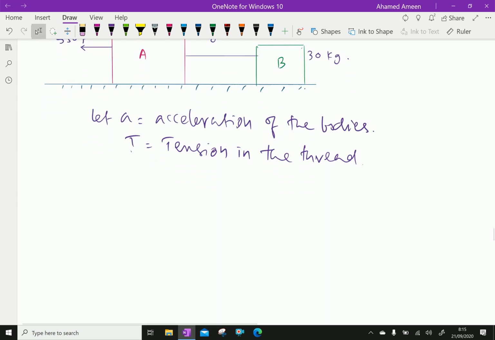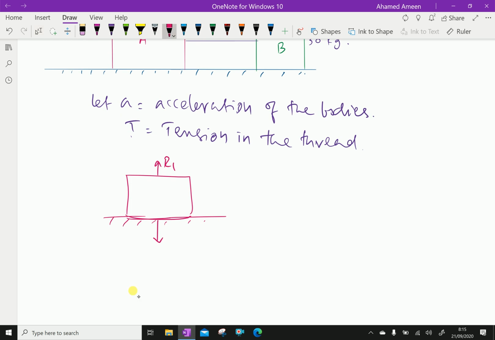Now consider body A separately. Reaction force R1, weight of 100 kg acting downward, tension in the thread acting to the right side, and frictional force F1.